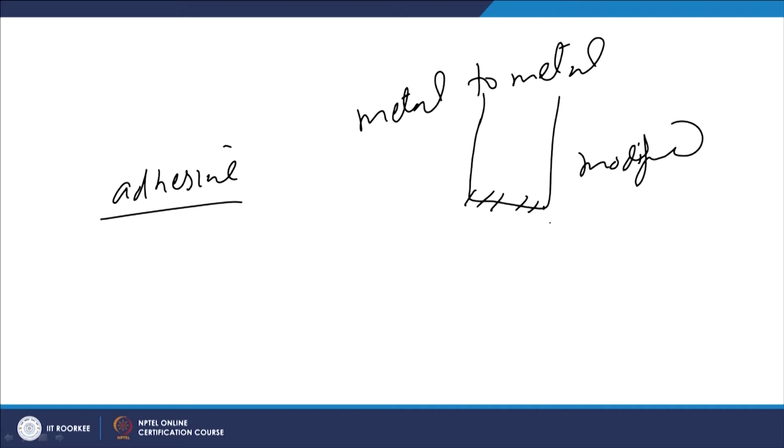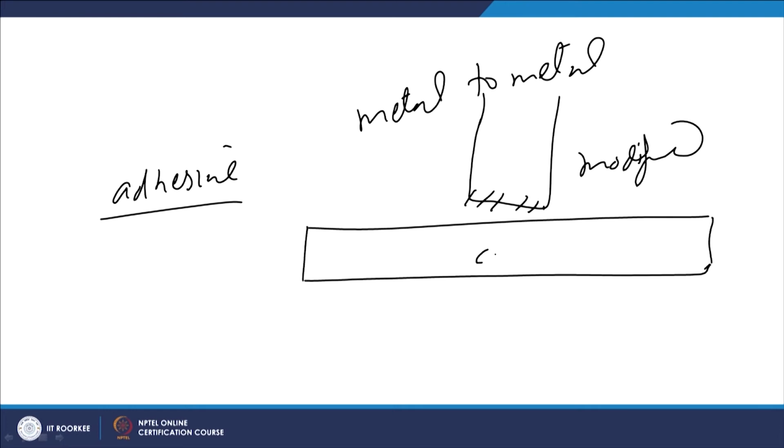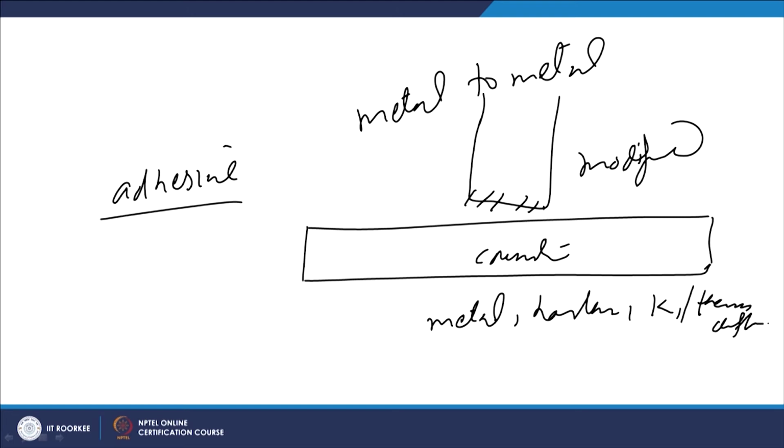So, the sample of the modified surface is prepared and it is kept against another counter surface. Now, counter surface will be taken of the suitable material against which the wear resistance we want to check. So, it's the metal system, its hardness, its physical properties like thermal conductivity and thermal diffusivity, and its roughness.